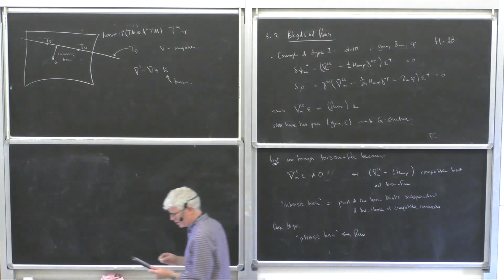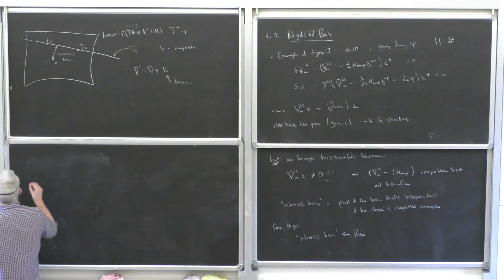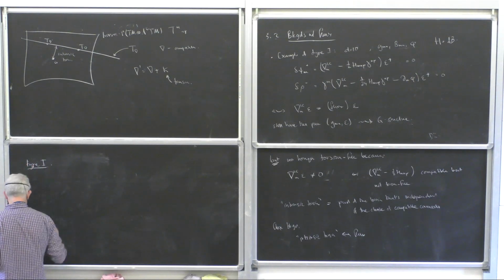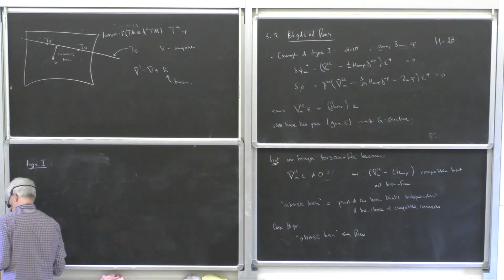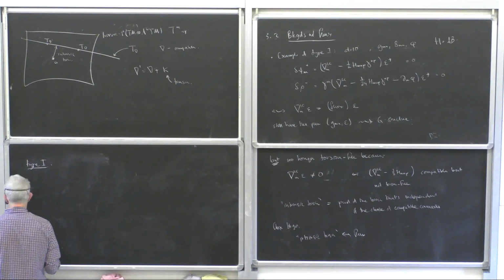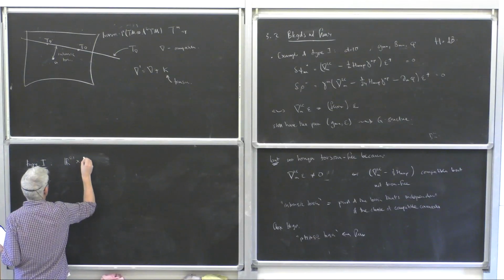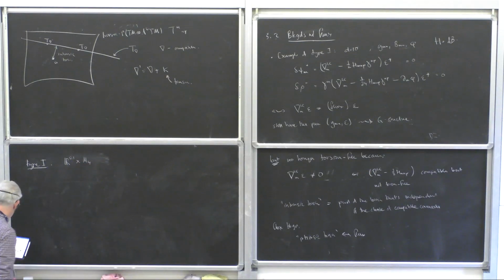So let me do an example. So let's do the type 1. And let's do R^{5,1} times some 4-dimensional space.